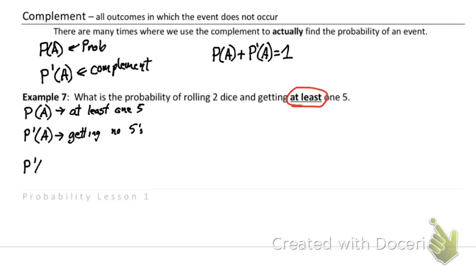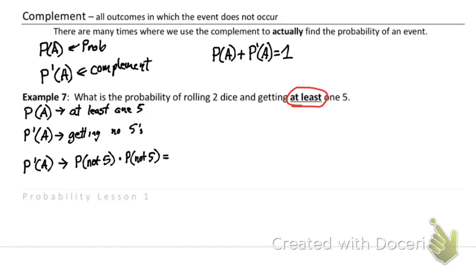Let's go ahead and find the probability of not getting any 5s. So we're rolling 2 dice and we're not getting any 5s. So the probability of not getting any 5s on 2 dice would be the probability of not a 5 on the first die times the probability of not getting a 5 on the next die.